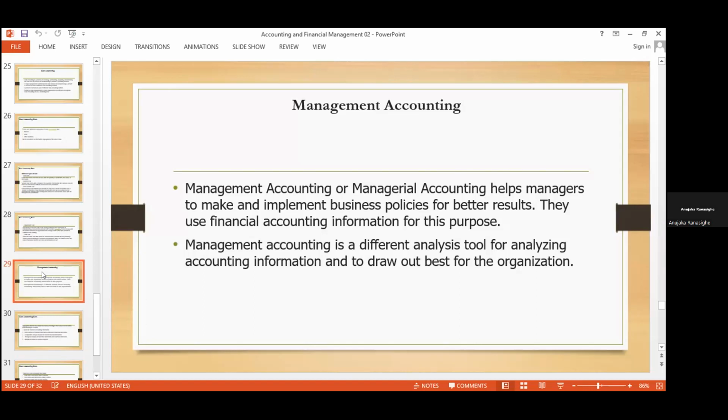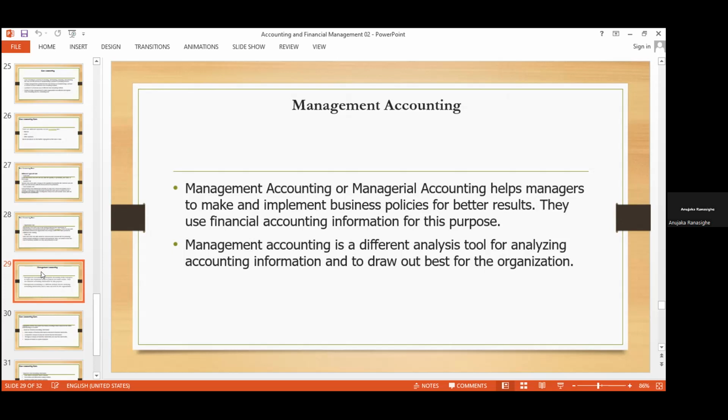Management accounting helps managers to make and implement business policies for better results. They use financial accounting information for this purpose.